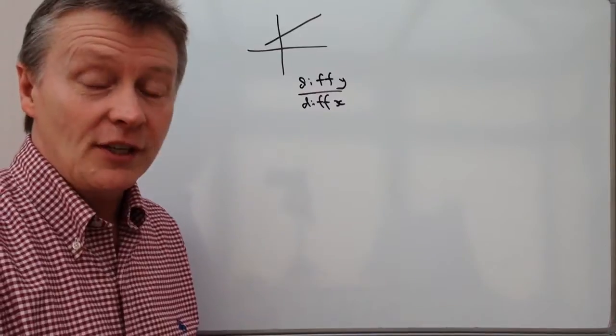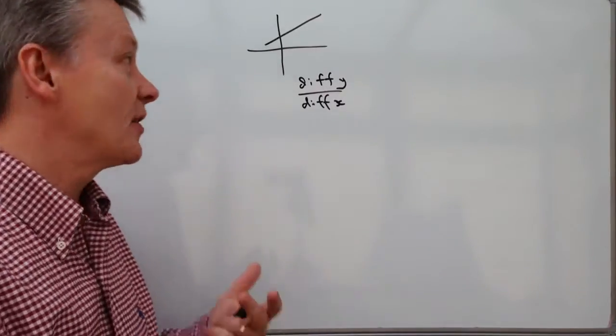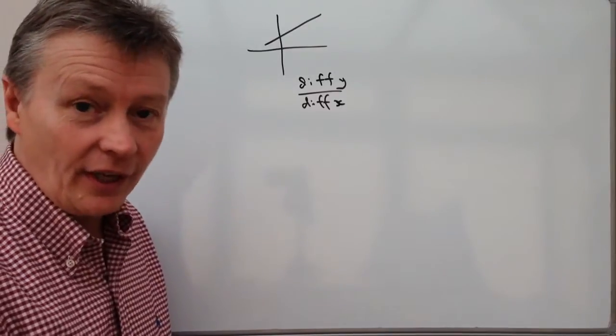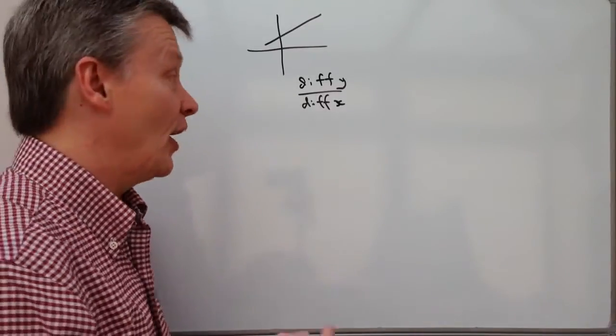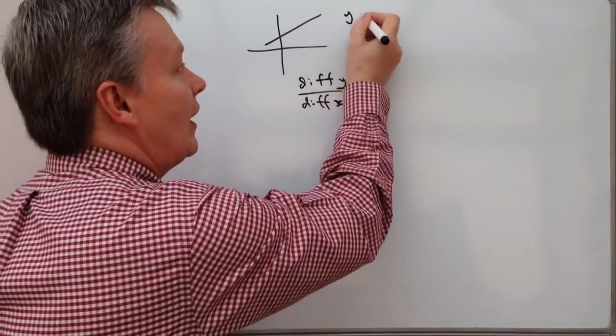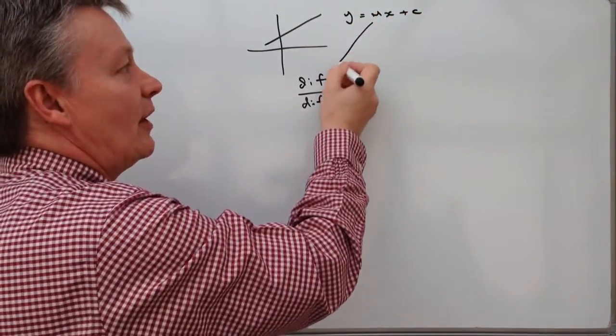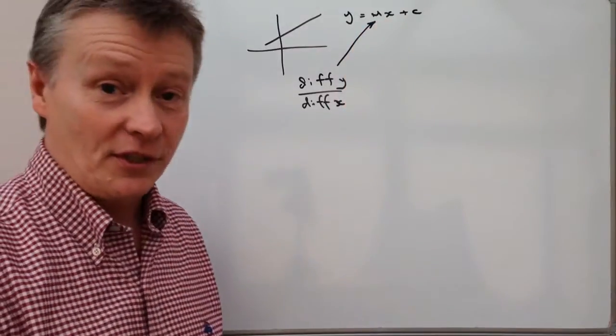And what we're doing is working out the gradient bit when we describe this line. The general way of describing a straight line on a straight line graph is by using y equals mx plus c, and the bit that we're doing is this bit, which is the gradient.